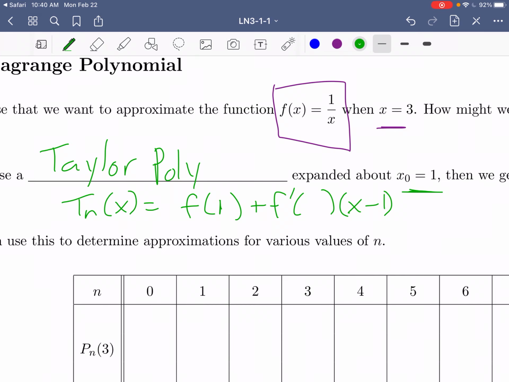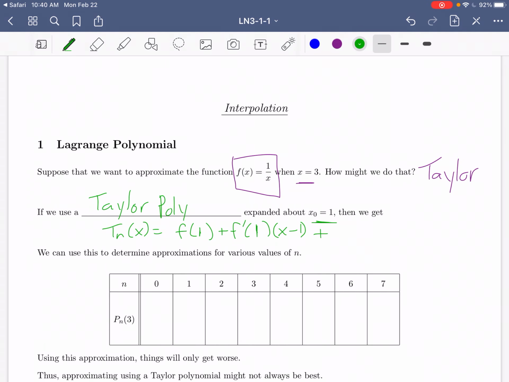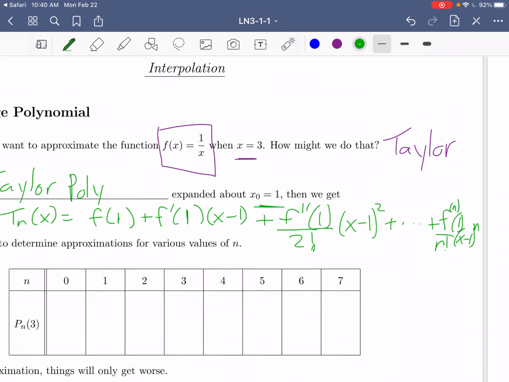So we have f of 1 plus f prime of 1 times x minus 1 plus the second derivative at 1 over 2 factorial times x minus 1 squared. And that would continue up to the nth derivative at 1 over n factorial times x minus 1 to the n.